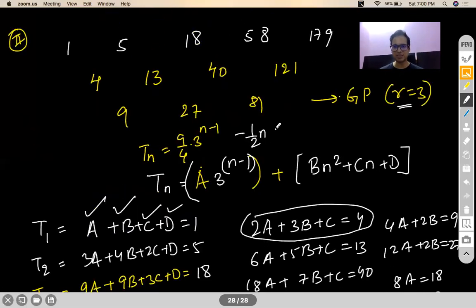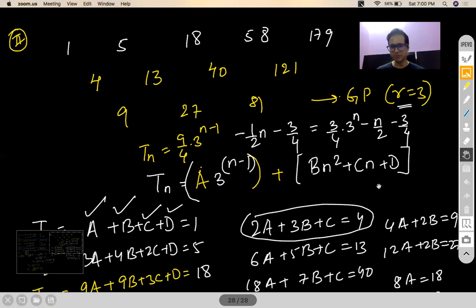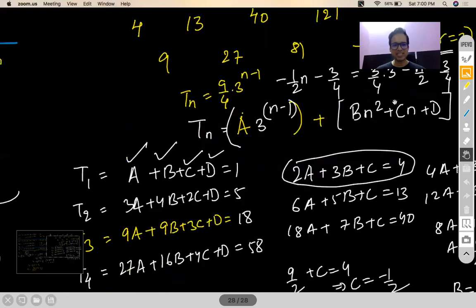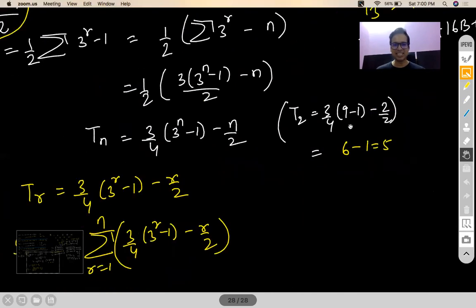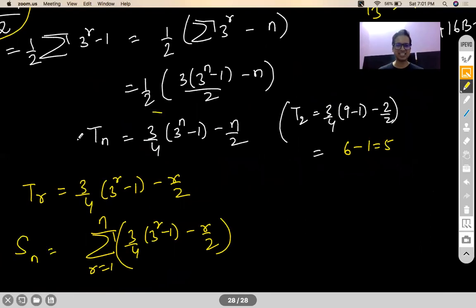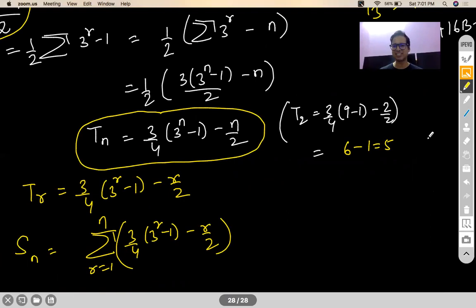Which is actually nothing but 3 by 4 into 3 to the power n minus n by 2 minus 3 by 4. Is it fine? Did we get the same thing over here? Yes, this answer is the same as what we got over here. Remember, minus 3 by 4 comes out from here, right?